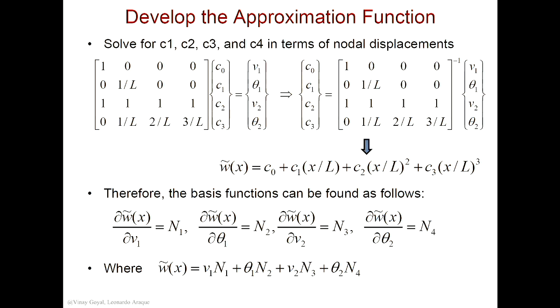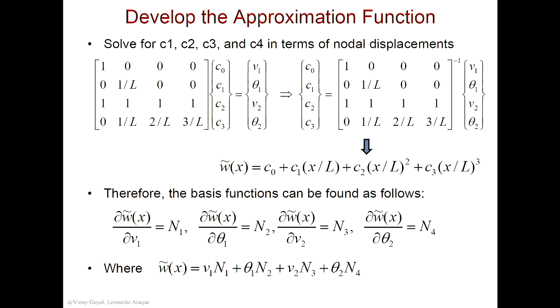Now, what I really want is an approximation function that has an unknown coefficient times a shape function, plus an unknown coefficient times another basis function, plus another, right? Like you've done in weak form Galerkin. I will not be able to accomplish that in this form.